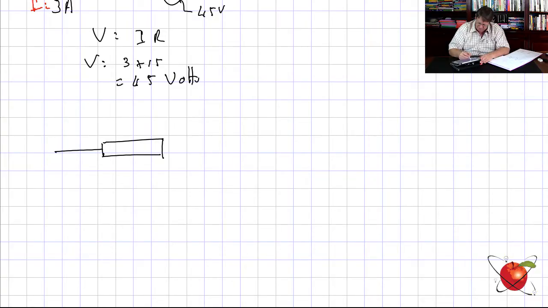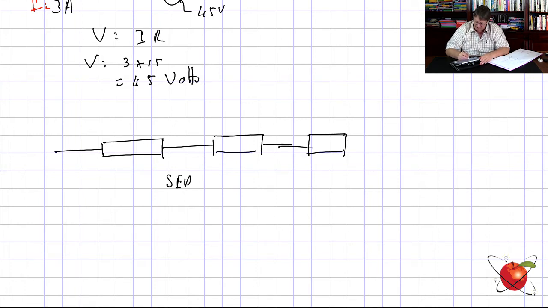Okay, now, in any circuit, what can we have? We can have resistors that are like this, can't we? We can have resistors like that. Those are in series, aren't they? They are in series. We're just recapping and going through this quite fast.